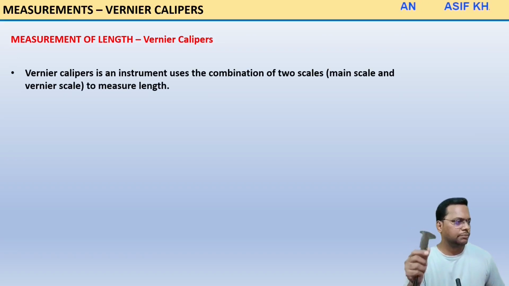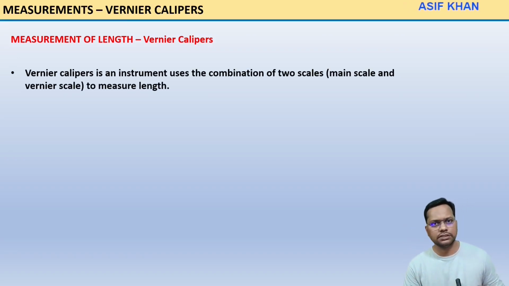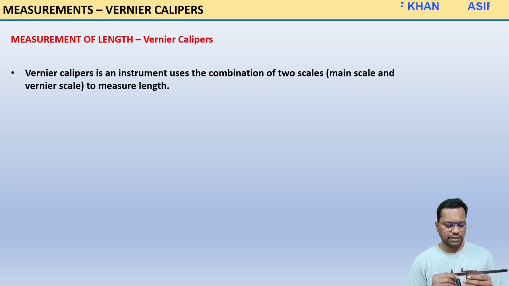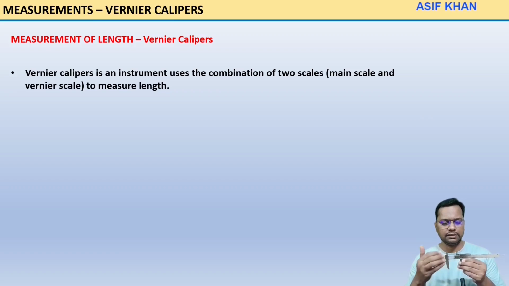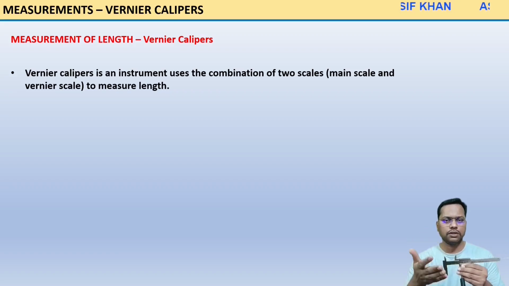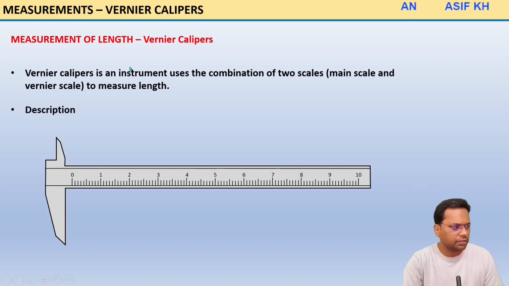So what is Vernier calipers? It is an instrument which uses a combination of two scales. One is the main scale, the other is the Vernier scale, to measure the length. Here the two scales are these. This is the main scale, and the part which slides over the main scale is the Vernier scale. The divisions on the main scale are the same as the normal scale.